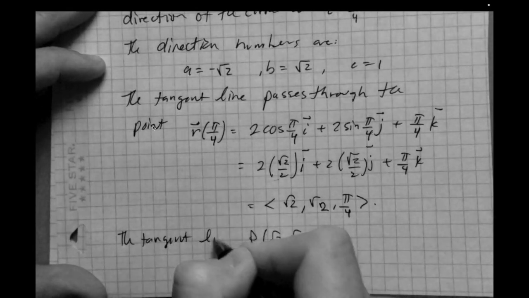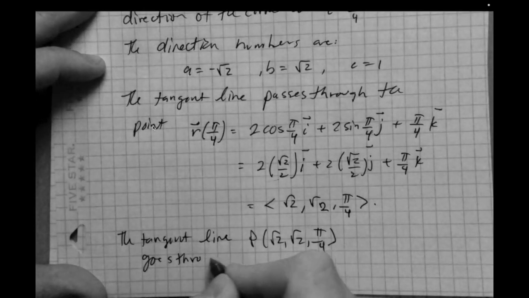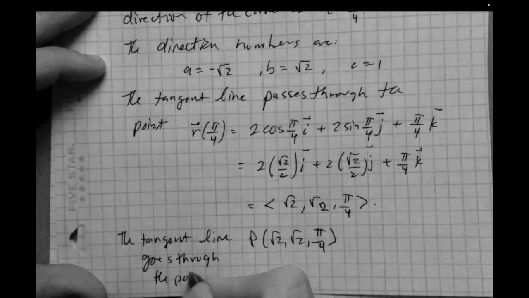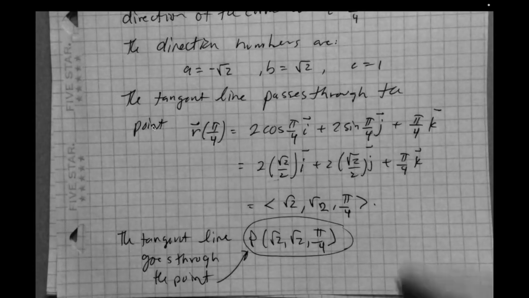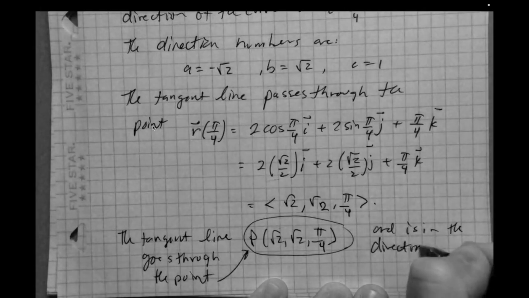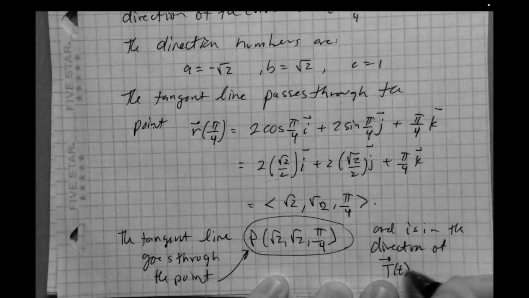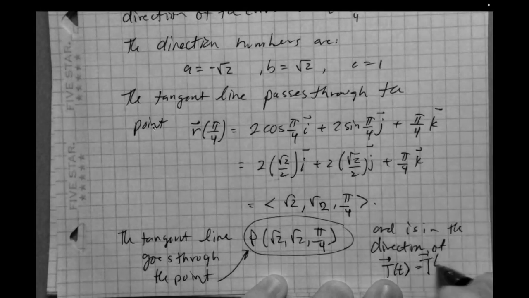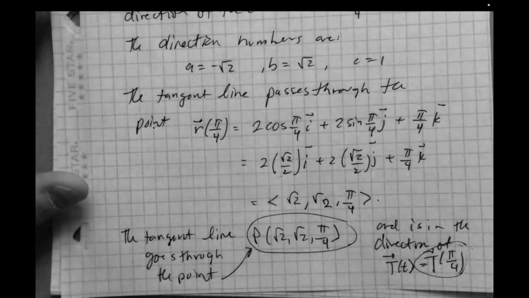So the tangent line goes through the point, and is in the direction of this guy, which we found up above. Okay, let's consolidate all of that information quickly.